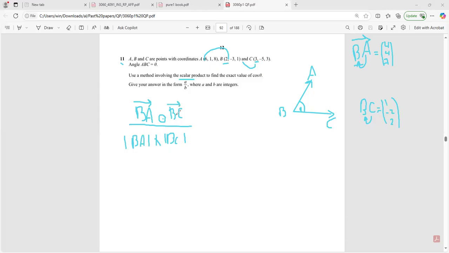Okay. If you need to multiply this, it has a special way to multiply it. So let's multiply together. We have 4, 4, 7 dot product multiplied by 1, negative 2, and 2.